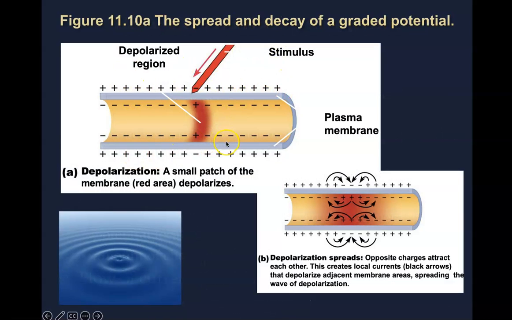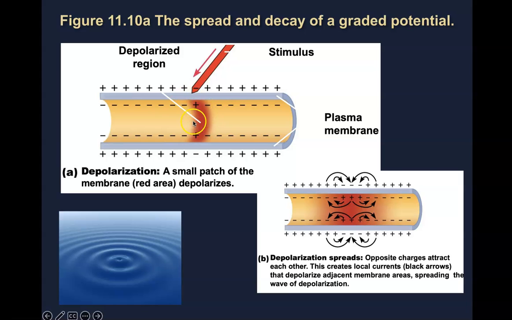In this case, let's say it's a mechanical stimulus, and literally the pushing on that sensory receptor is causing these mechanically gated ion channels to open. So when you push on that, that gate opens and allows sodium to rush in.